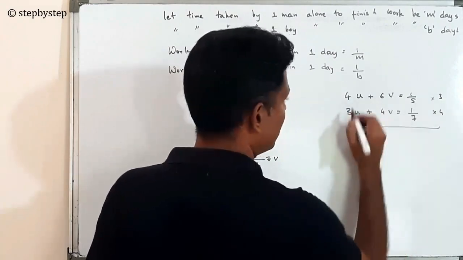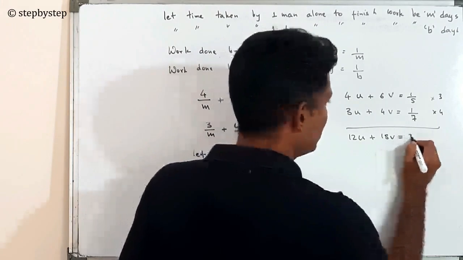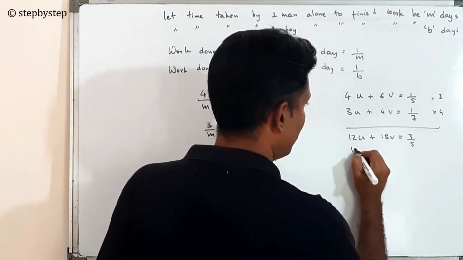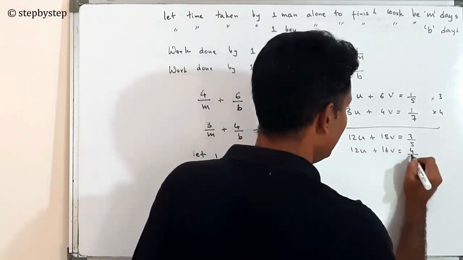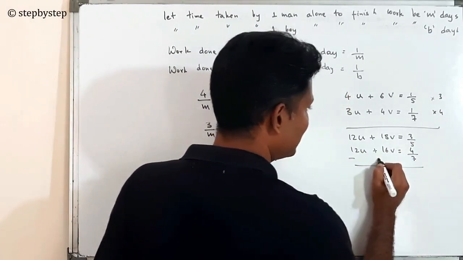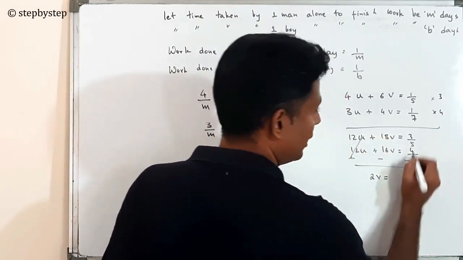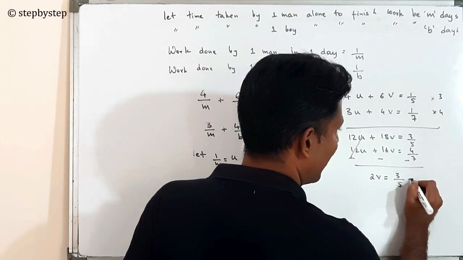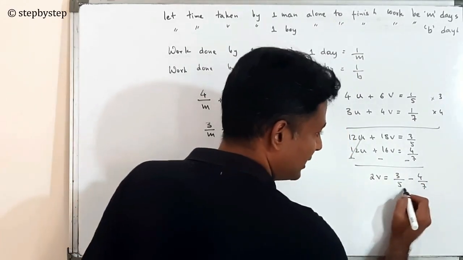So what do I get? 12u plus 18v equal to 3 by 5, and 12u plus 16v equal to 4 by 7. So we will subtract. This cancels, 18 minus 16, 2v equal to 3 by 5 minus 4 by 7. So what is the LCM? 35.